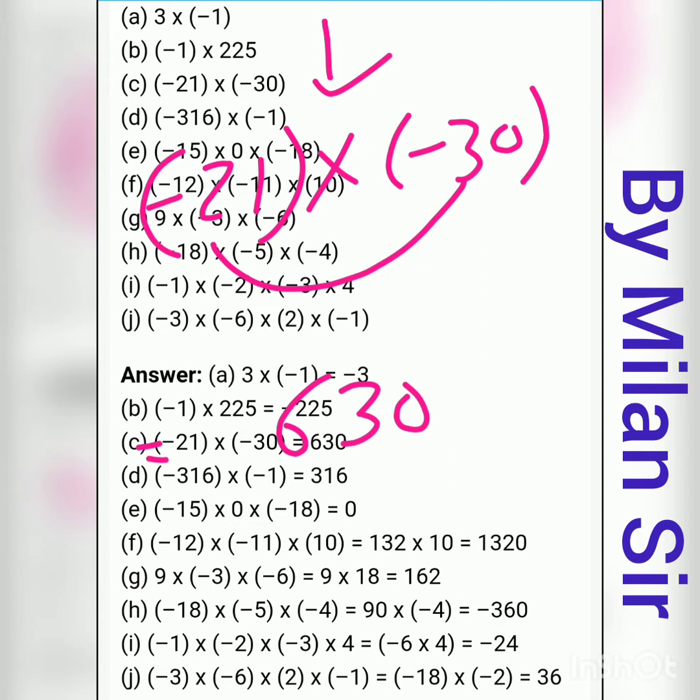Now we look at the sign. Here both numbers have a negative sign, so minus minus plus. If our answer is plus and we do not show any sign, it means plus only. So 630 only. We can write the plus sign, otherwise 630 is also okay.